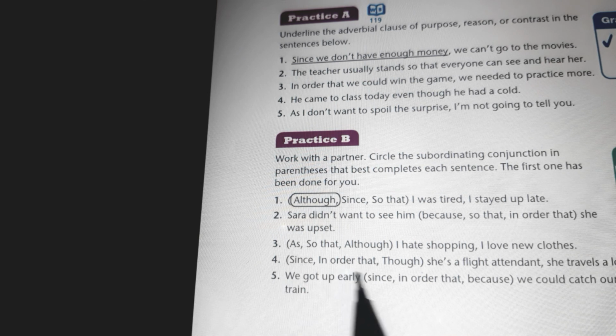Since, in order that, though, she is a flight attendant, she travels a lot. We got up early, since, in order that, because, you need to choose between these 3. We could catch our train. Which one suits the sentence according to the meaning? I will leave this to you, and you can please take a picture of your answer and send it to me.